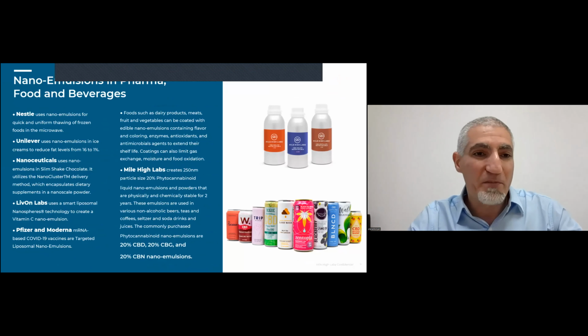These are used in products like non-alcoholic beers and non-alcoholic drinks, teas, coffees, seltzers, soda drinks, and juices. This system can be used to encapsulate anything from adaptogens like ashwagandha and mushrooms that have low bioavailability in the body.